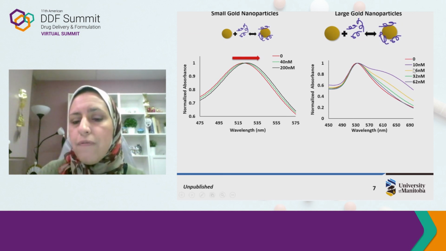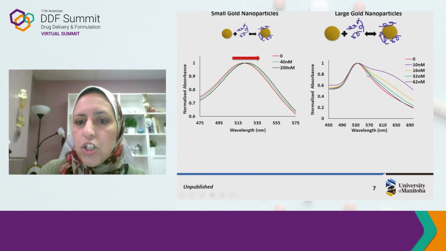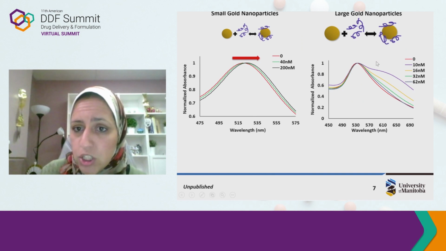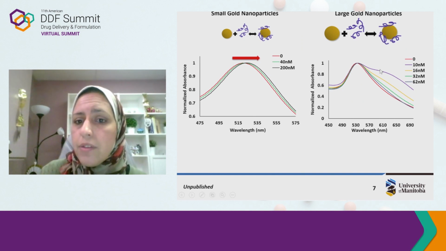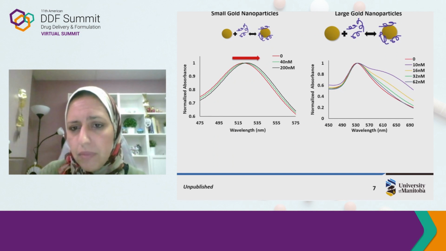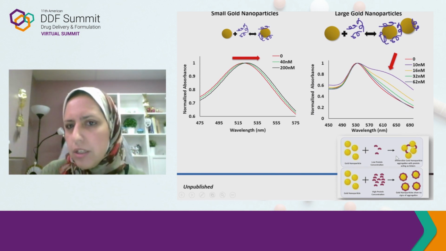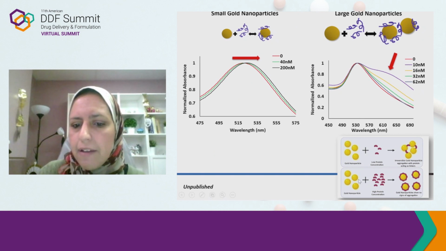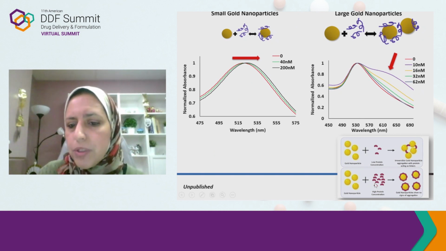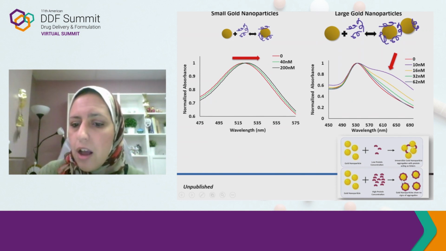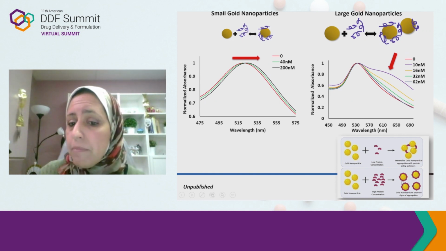For the large particles, at high concentration the shift was not as much, but it was similar to what we observed in small gold nanoparticles. But at the lower concentration, we found some broadening, which indicates aggregation of the particles. This was a little bit weird, and we're doing some experiments, but we have a hypothesis right now that explains what is happening: for the large particles at high concentration of proteins, they form a really nice layer of proteins around them that keeps them dispersed.